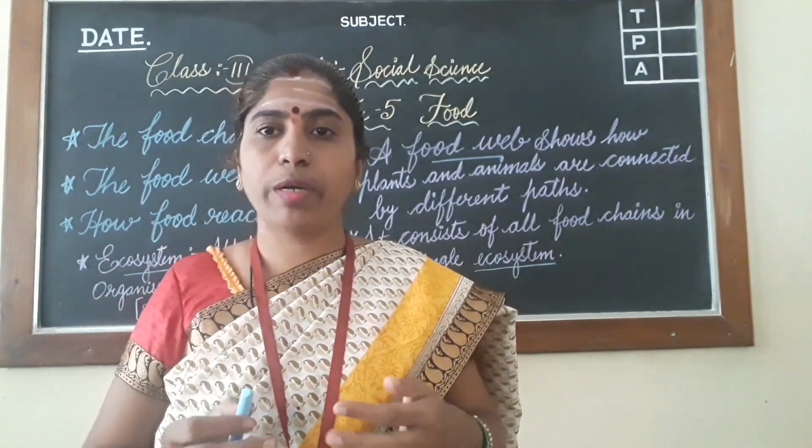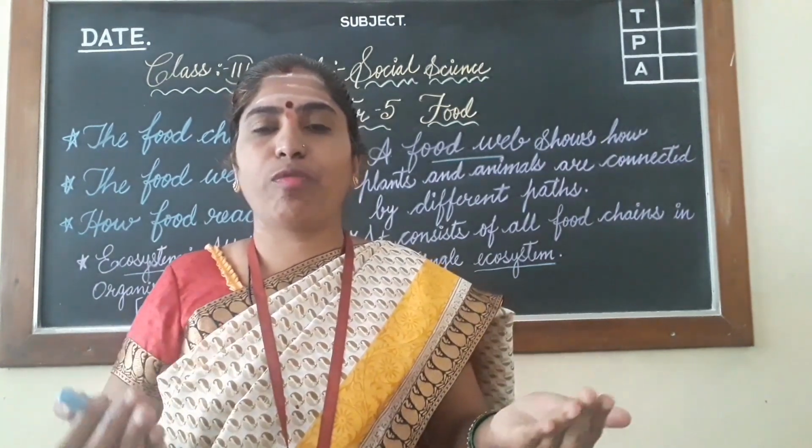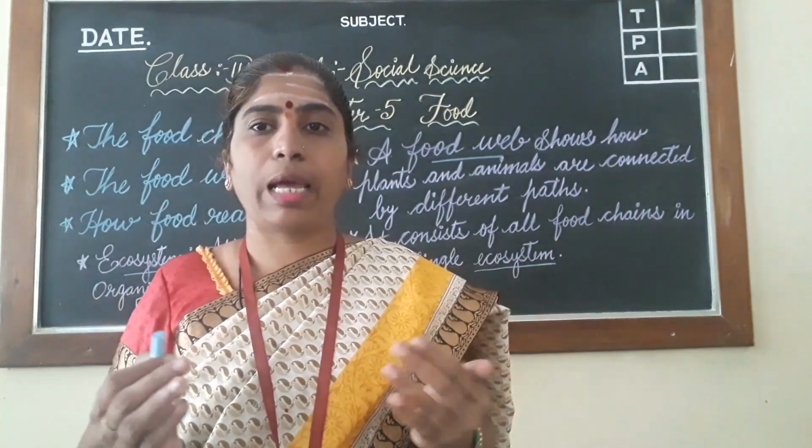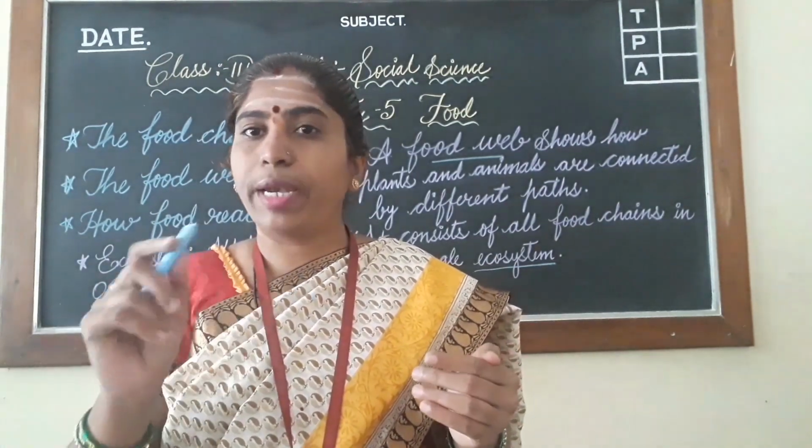So these nutrients are carried throughout this ecosystem. All these overlapping food chains form the food web. Overlapping means what? You will find many things in one food web, isn't it? One animal is eaten by other animals, so it's called overlapping. You find many chains with one animal, that is called overlapping. So this is called food web.